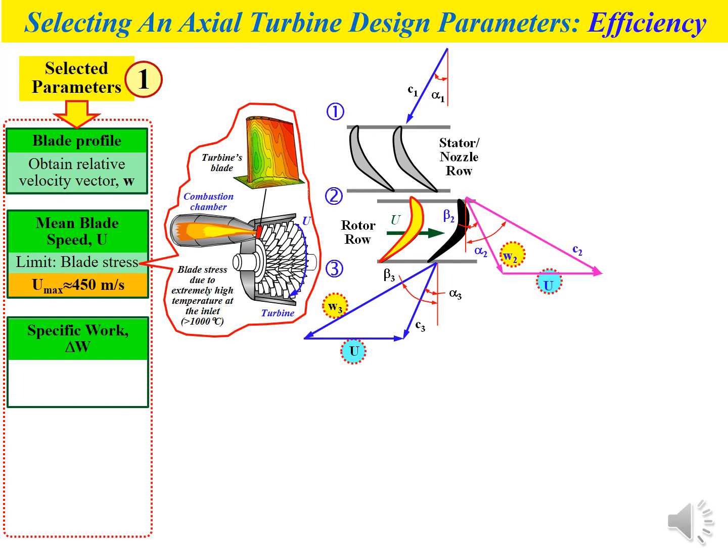Okay, the next selected parameter is the specific work, delta W, the amount of work we need to produce for the axial flow turbine. At the initial stage of the turbine design, we can determine the amount of work produced that we want for the turbine.